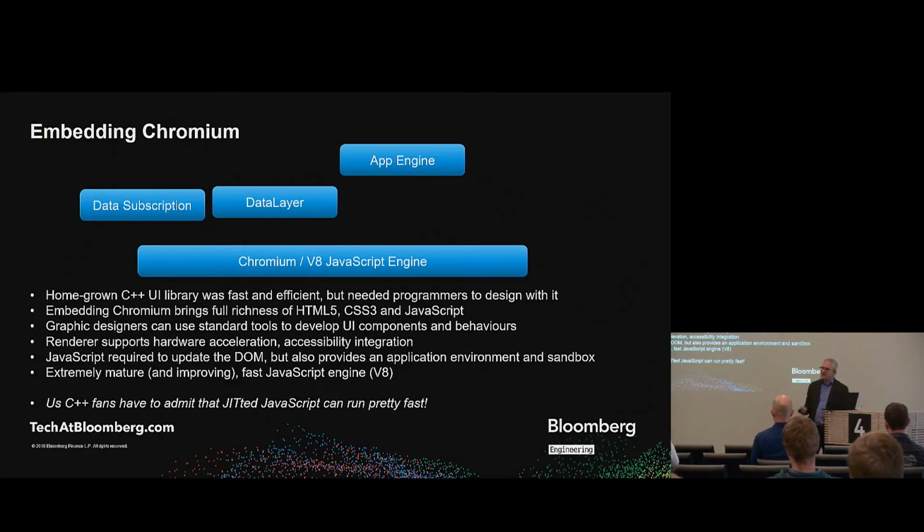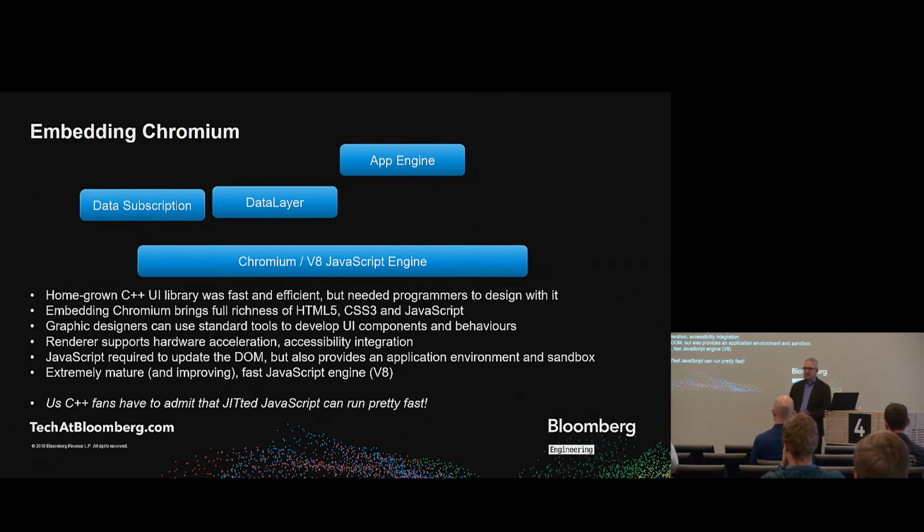So graphic designers can now use standard tools to build pieces of the UI, even though this isn't actually a web app. And it's not just look and feel, but behaviors, so nice rollover effects and animations and all these kinds of things if they're needed. We get a few things for free as well. The renderer built into Chromium supports hardware acceleration, GPU acceleration, which is nice not to have to implement yourself.